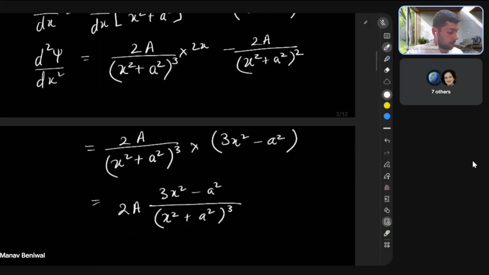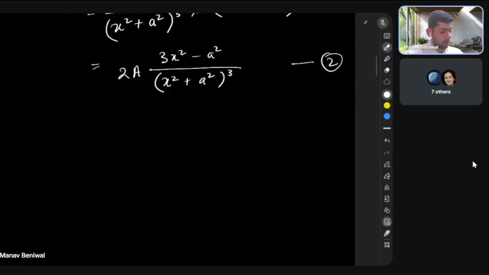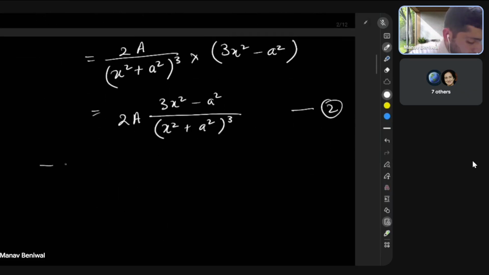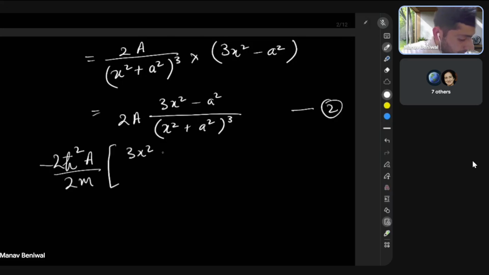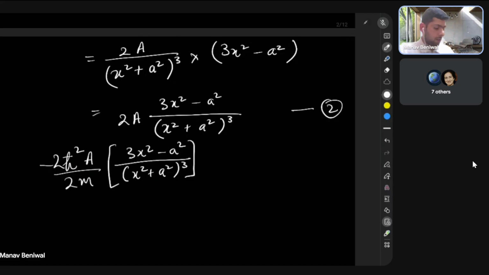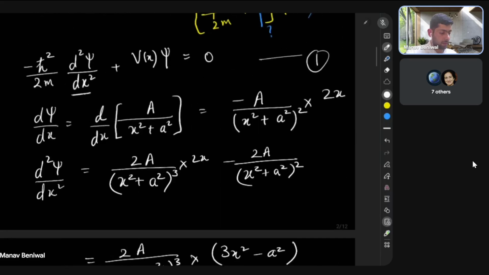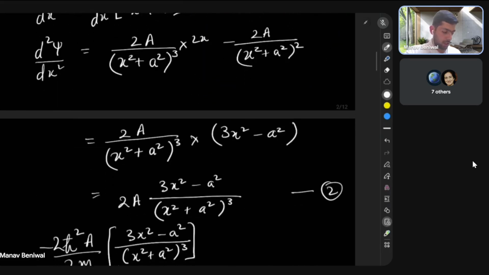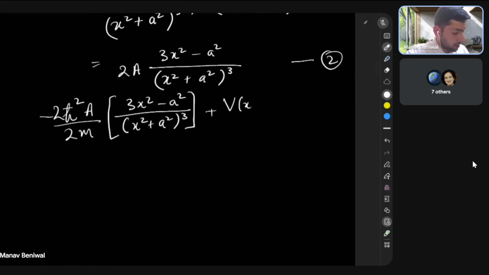We can substitute this back in equation 1. So what we will get is minus h squared over 2m, and then this, and then we have V of x times psi, and we know our psi is simply a over x squared plus a squared, so V of x times that, and this is 0.